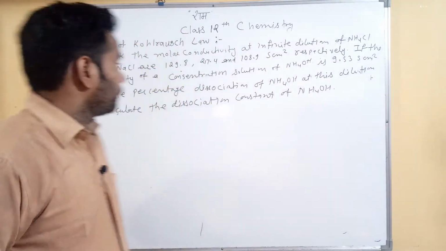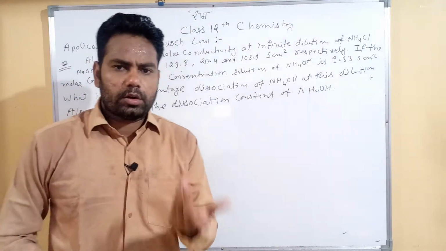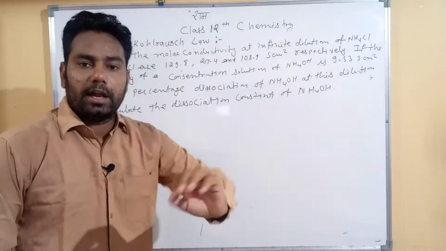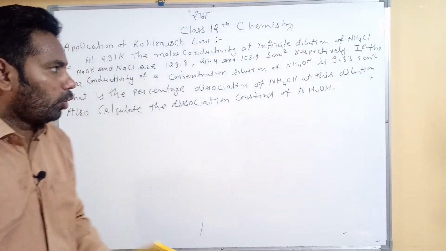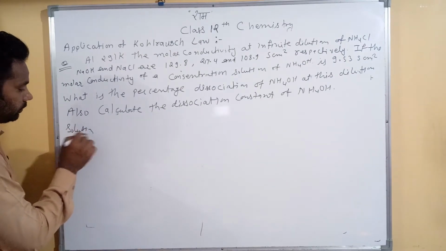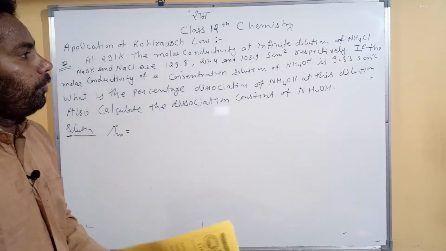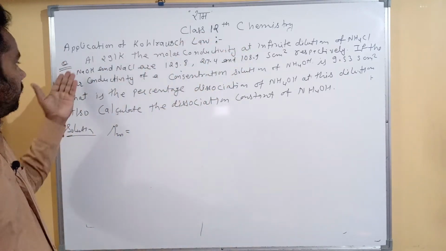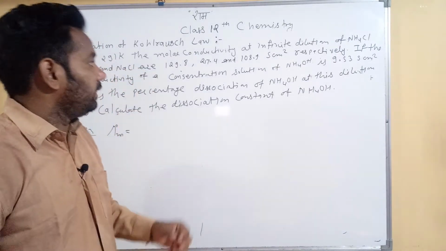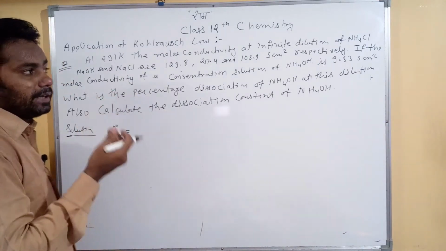Okay, first we read the question, then solve it. At 291 Kelvin, so the temperature is constant in our electrochemistry, so it's not useful for us. The molar conductivity at infinite dilution means the limiting molar conductivity. The solutions of ammonium chloride, sodium hydroxide, and sodium chloride are 129.8, 217.4 and 108.9 Siemens centimeter square respectively.